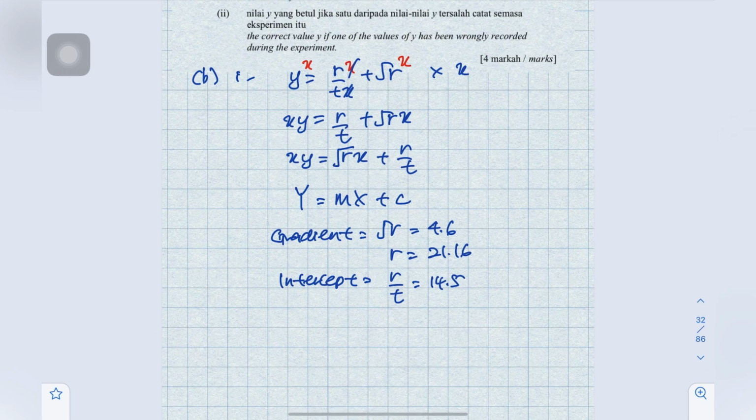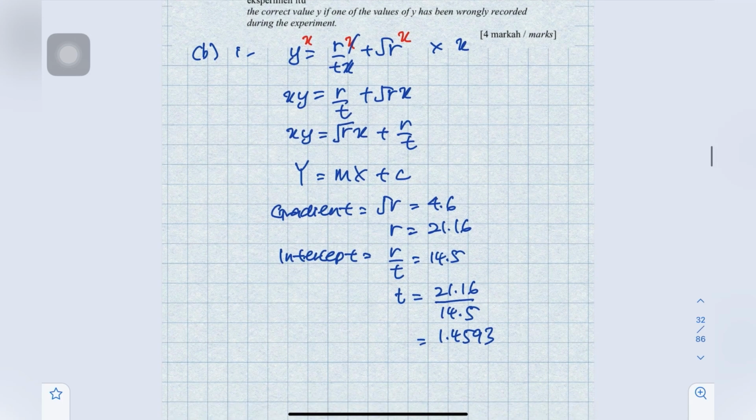So T is 21.16 divided by 14.5. So kita dapat 1.4593.